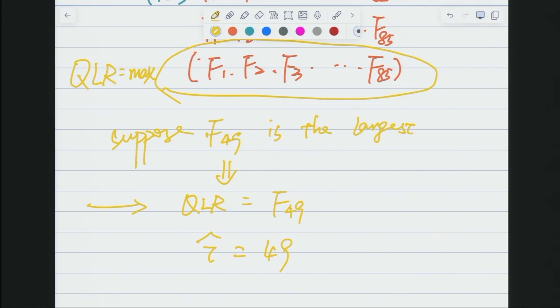So if we do the QLR test on the middle 70% of our sample, the line here depicts the F statistic, the child test statistic, corresponding to each possible break in the middle 70%.